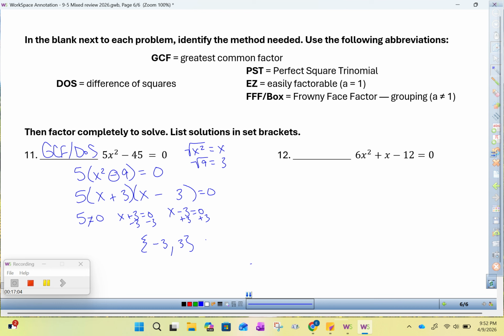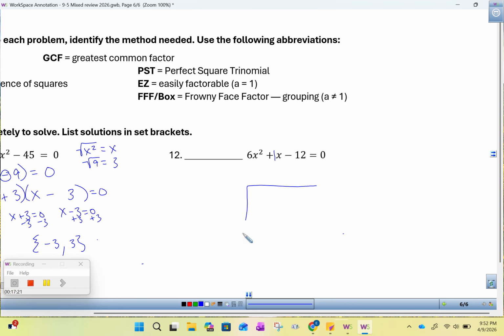Okay. This last one over here, because we've got a little 1 here, there is no GCF in these three terms, and this, unfortunately, is going to be our longest step with the box. Okay, so here, setting this up, 6x squared, -12. We want to look at the factors of -72 that add to be 1. Okay, hopefully this one was a little bit easier with the 72 being 1 away from each other.